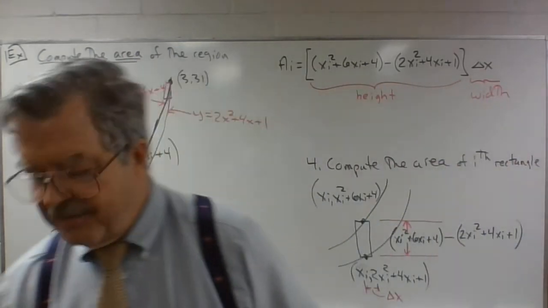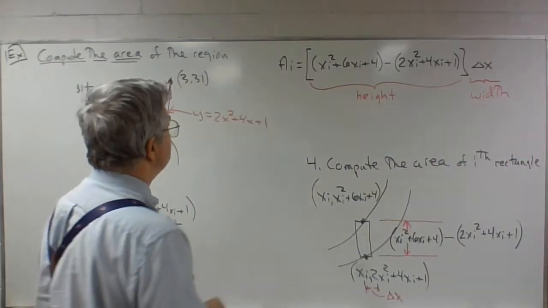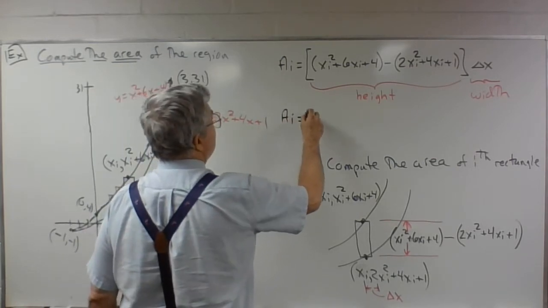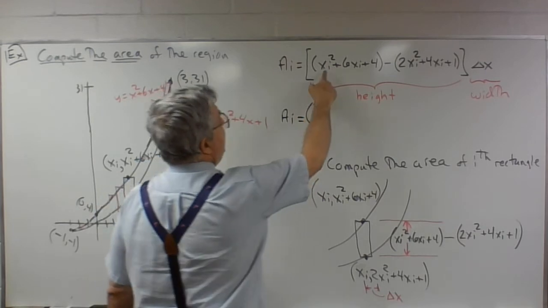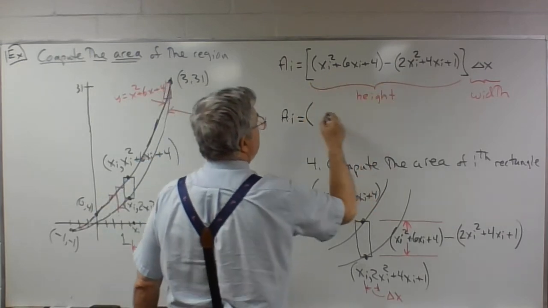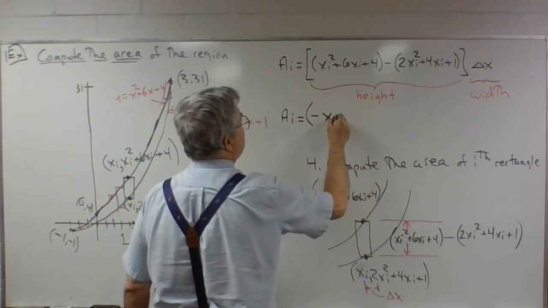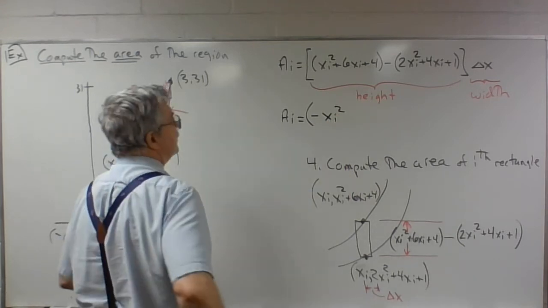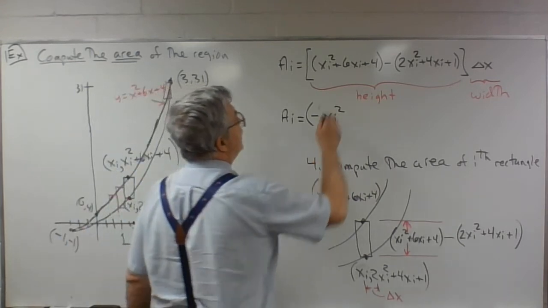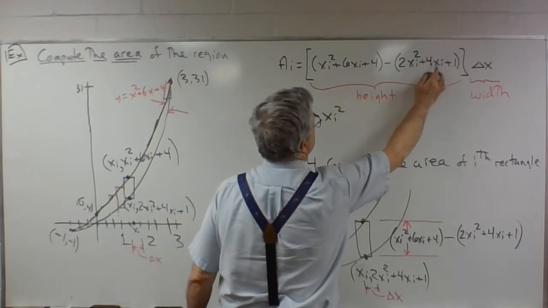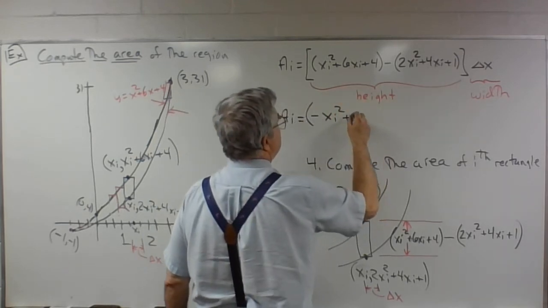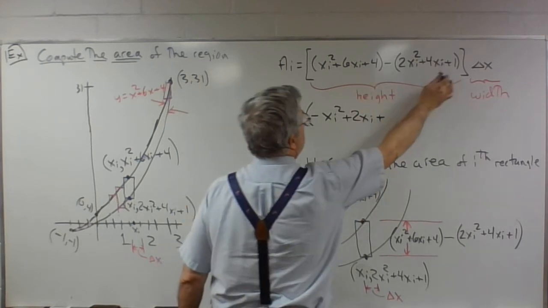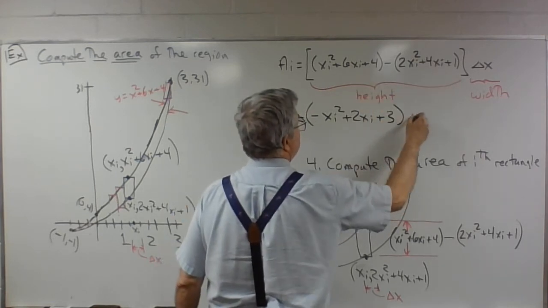And let's simplify that mess. X sub i squared minus 2x sub i squared is negative x sub i squared. 6x sub i minus 4x sub i is 2x sub i. And 4 minus 1 is 3.